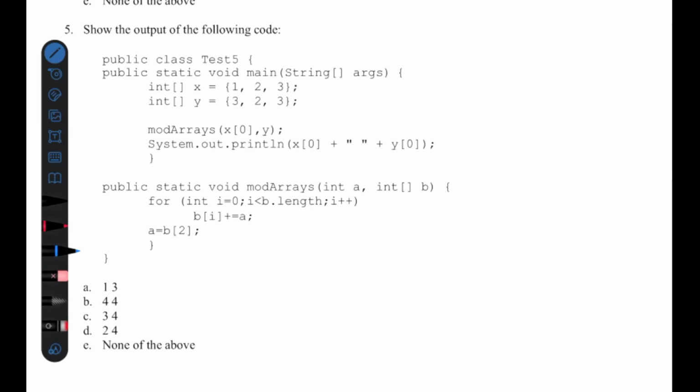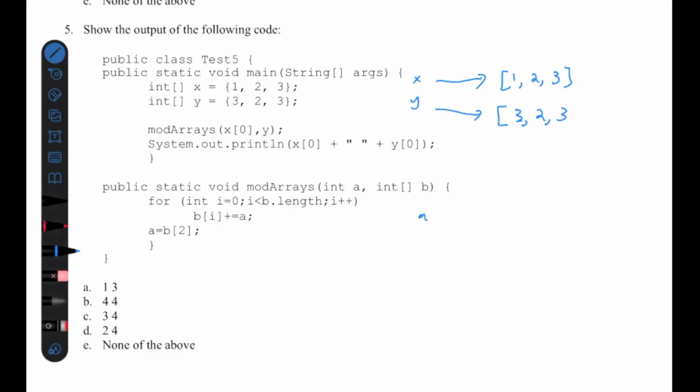So what I want to do, we have this array, and we have 3, 2, 3. We have x, y, so x. And what we do is we invoke modArrays with the element at x index 0, which is 1.